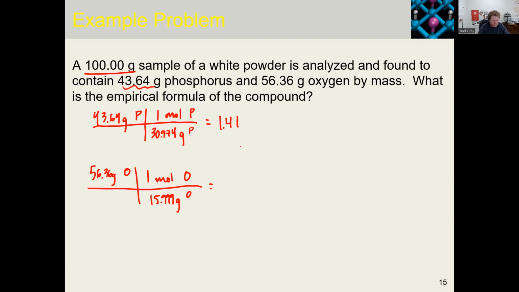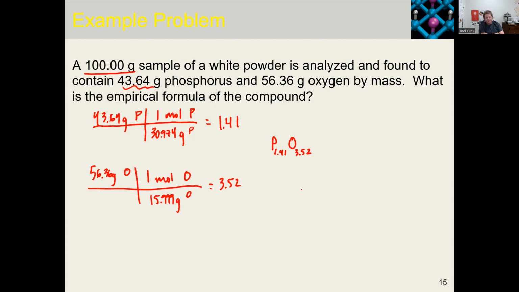We're going to divide that by 15.999. And that comes out to be 3.52. Okay. So basically what we've come up with is a compound that is P sub 1.41 O 3.52.